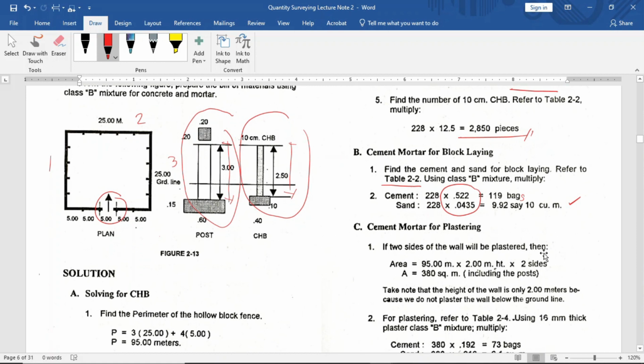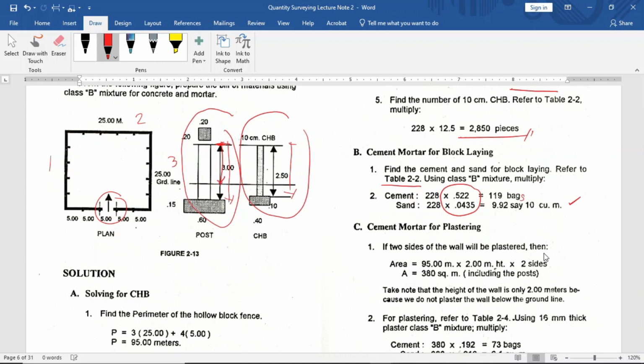So, after sa block laying pala, punta tayo sa plastering. So, if two sides of the wall will be plastered, then area is equal to 95 times 2 meters times 2. Bakit 2 meters? Kasi yung ipa-plaster natin ay simula lang sa top ng wall hanggang sa finish floor line.